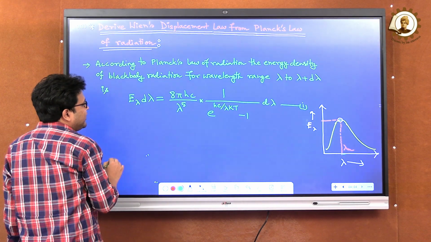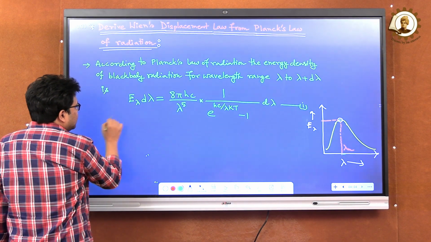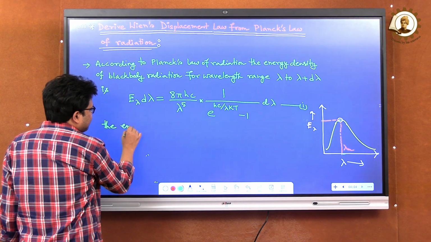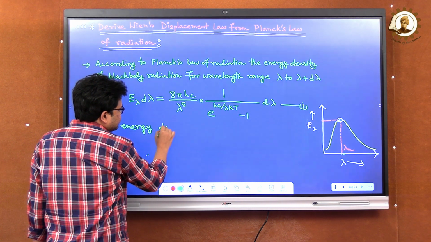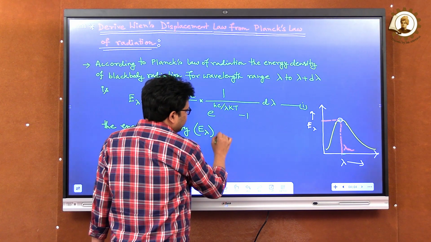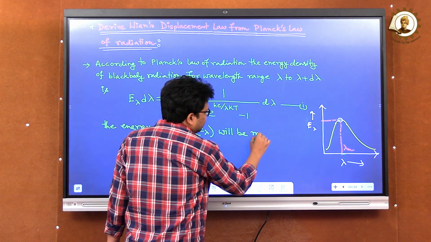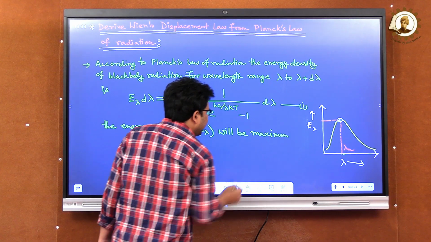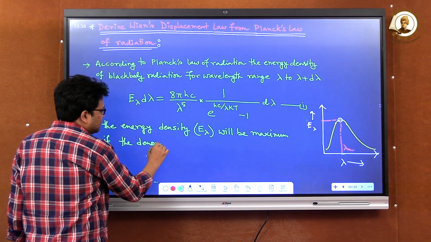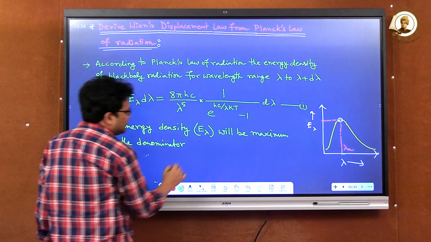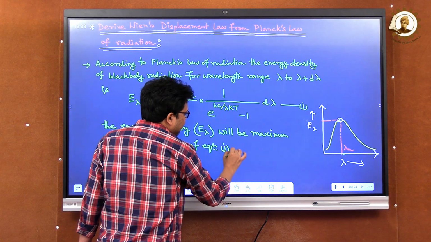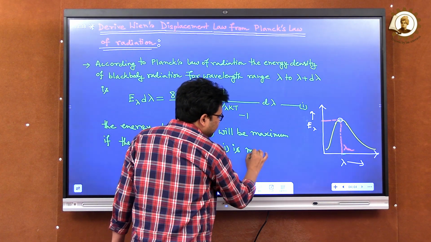First of all we need to write that the energy density, which is E lambda obviously, will be maximum if the denominator of equation 1 is minimum.